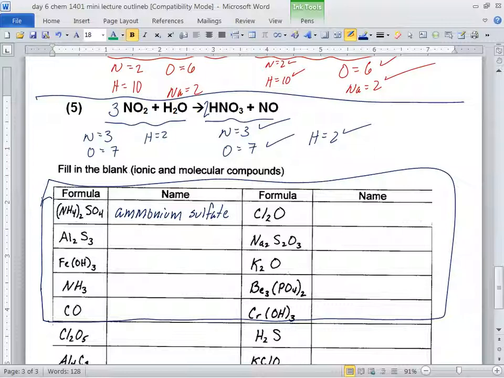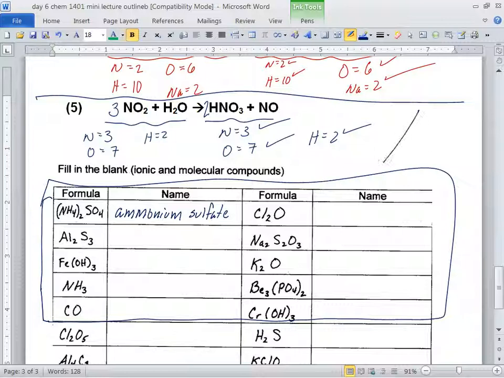And then there are 2 exceptions, aluminum and zinc. Aluminum is always +3, zinc is always +2. So the key to naming these metals is you always use Roman numerals, except when the charge is fixed: group 1, group 2, aluminum and zinc.